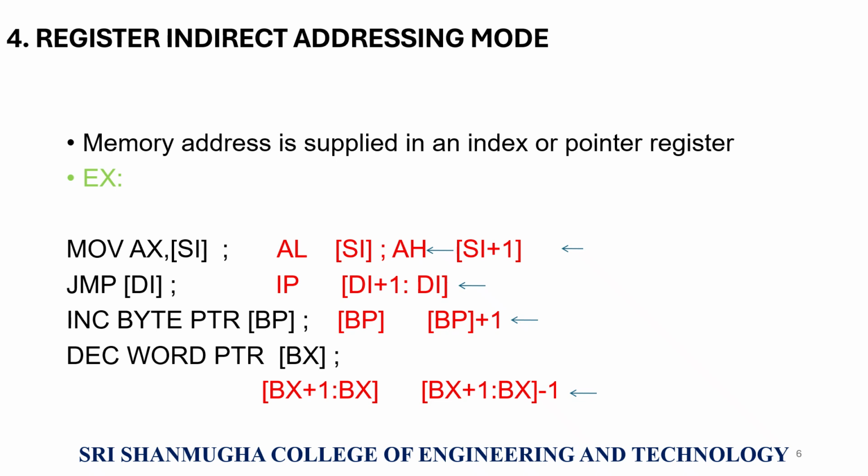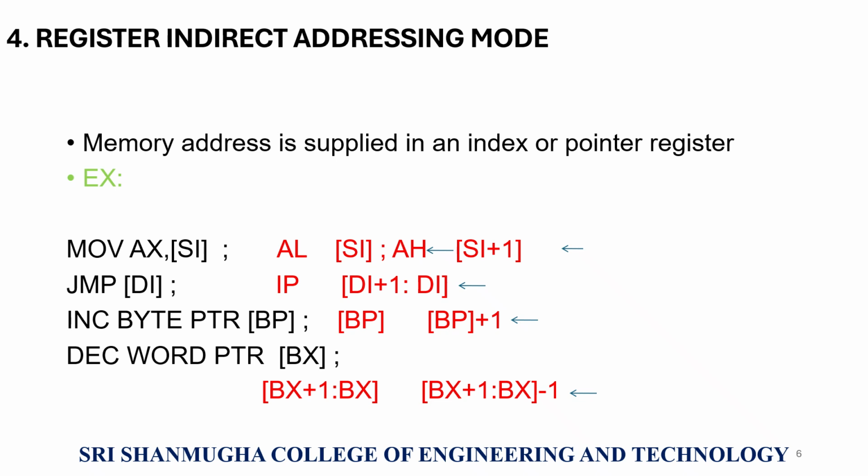So the exact address location of the data is 21,000. From that location, the data will be copied to the AL register, and SI will get auto incremented by 1, that is 1001. The content in SI now becomes 1001, and the data present in the 21001 location will be copied to AH, since it is a 16-bit operation.